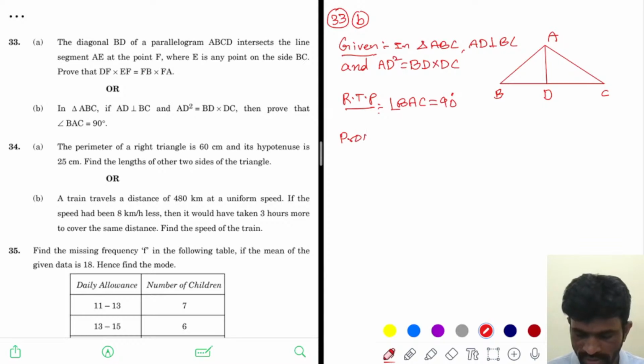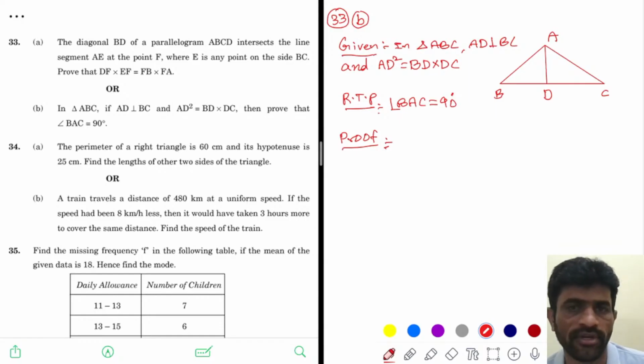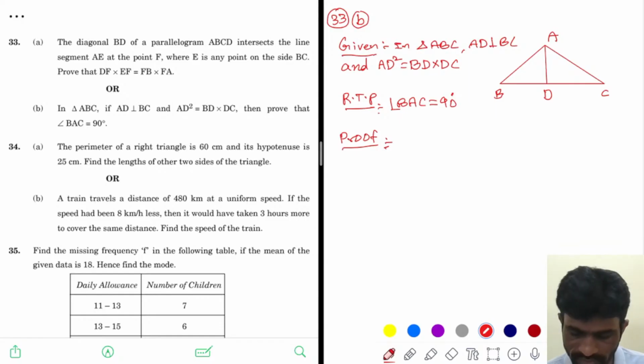This proof can be done in two, three ways, but we will discuss one of the ways. Separate the triangles ADB and ADC. I am drawing one triangle here. Take two triangles ADB and ADC.